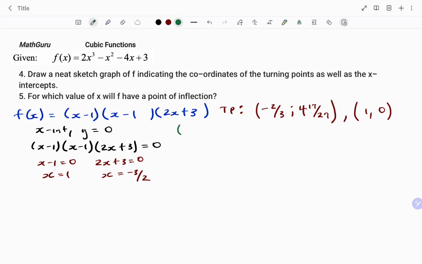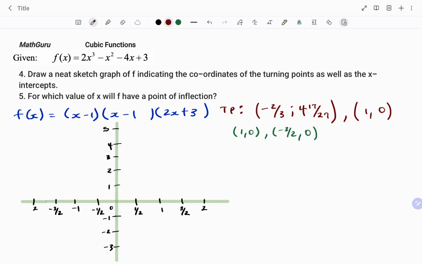The first one is x is 1, y is 0. The next point is if x is negative 3 over 2, then y will be 0. Using all these points, I'm going to plot them on my graph as shown.